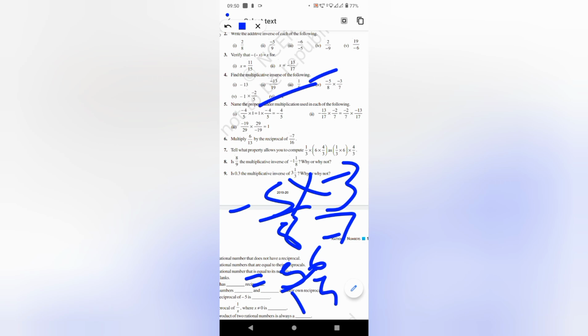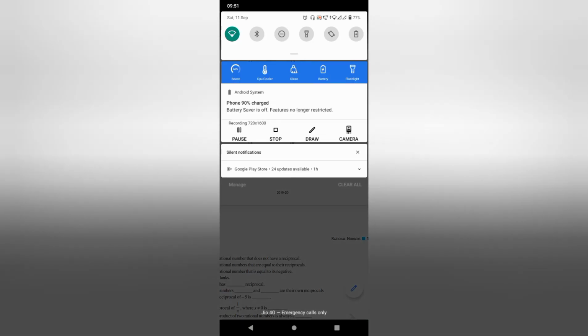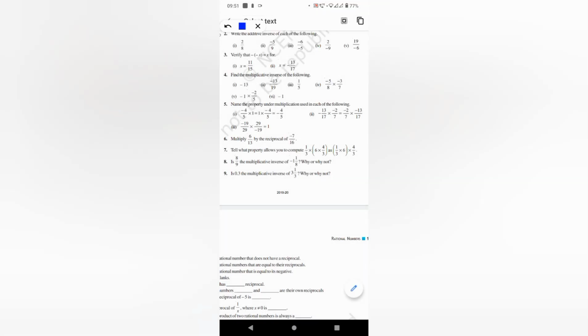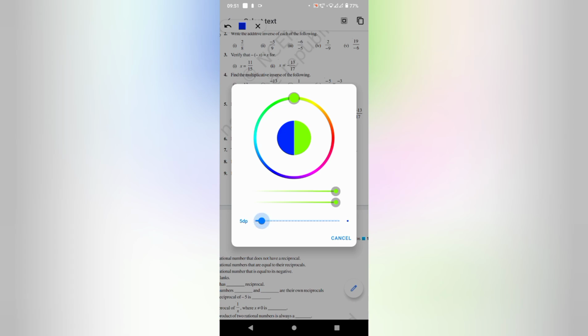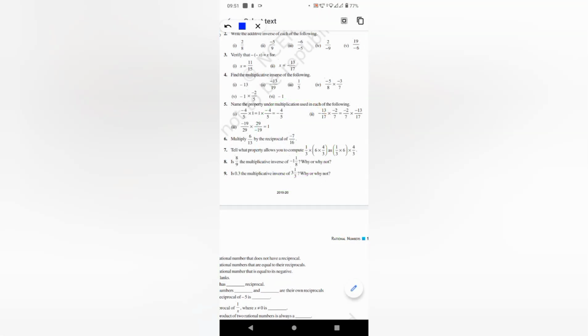The minus 8, one minute guys, just give me one minute, I will explain it. Okay, see. The question is minus 5 by 8 into minus 3 by 7, right?